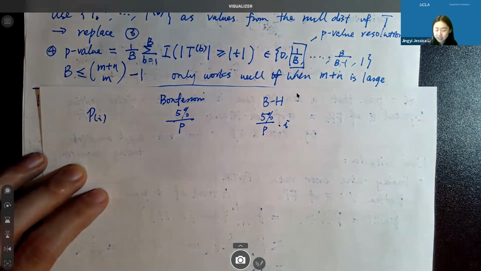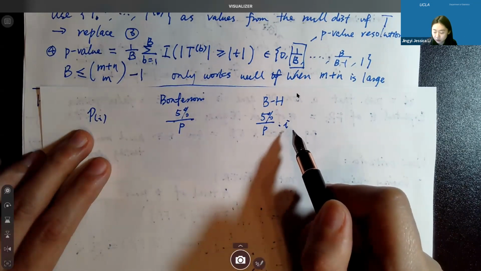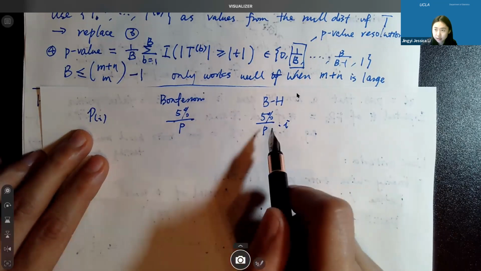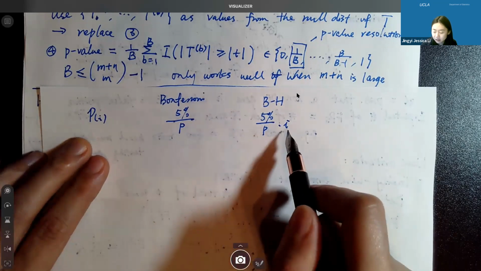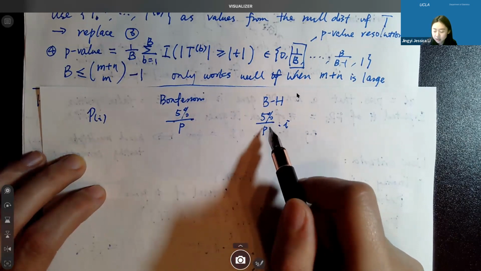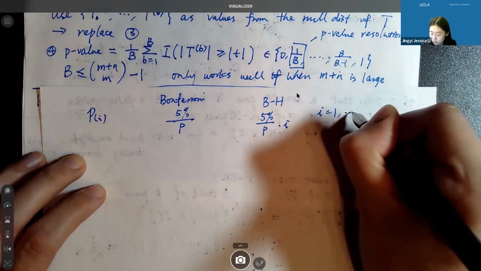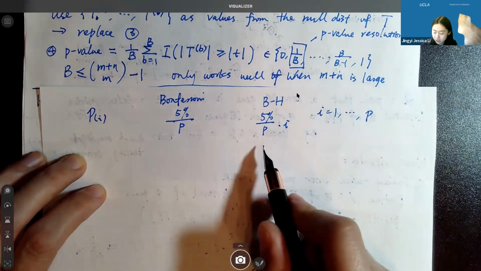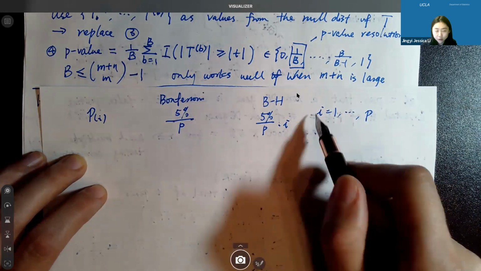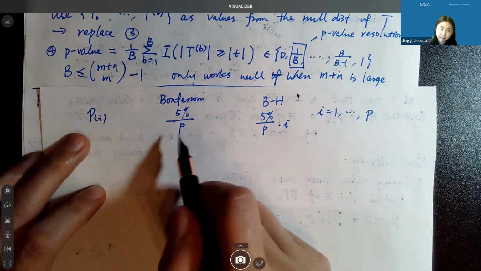So you can see that when i equals 1, for the smallest p-value, the two thresholds are the same. But as i increases, the BH procedure will increase the threshold. Let i go from 1 to P. Finally, it will become 5% when i equals P, while the Bonferroni threshold will stay the same.